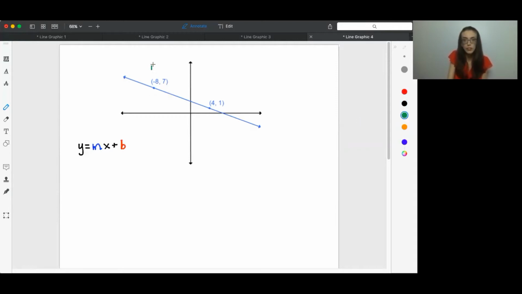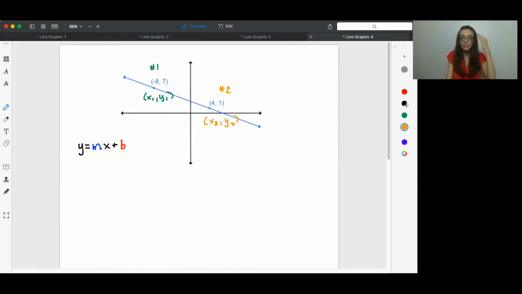Let's make this one over here our point number 1 rather, which makes these values our x1 and our y1. And then let's make this point over here our second point, which makes these values our x2 and our y2. Perfect. Okay, we're all set up to go.